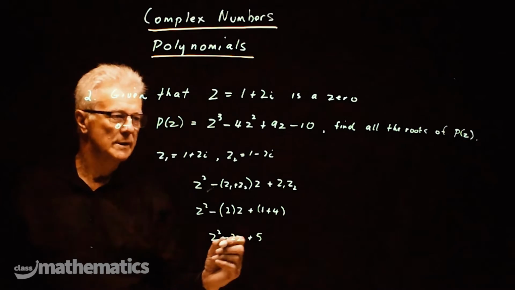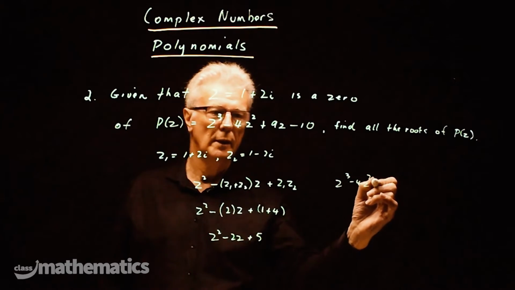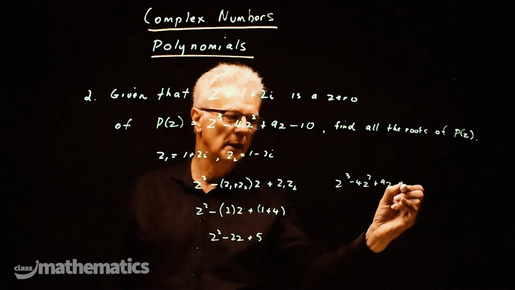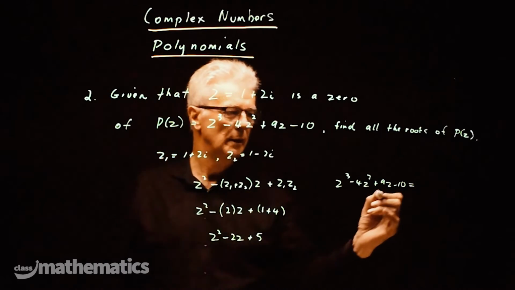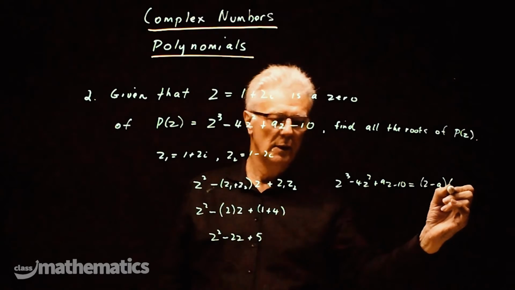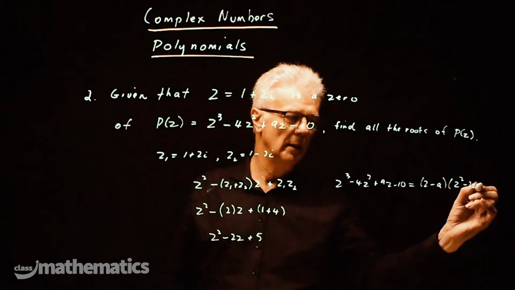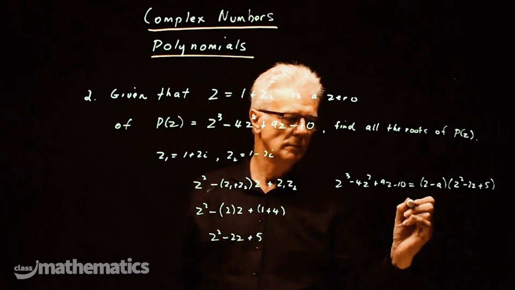So that means that z cubed minus 4z squared plus 9z minus 10 must be equal to (z minus some constant, say a) times (z squared minus 2z plus 5).